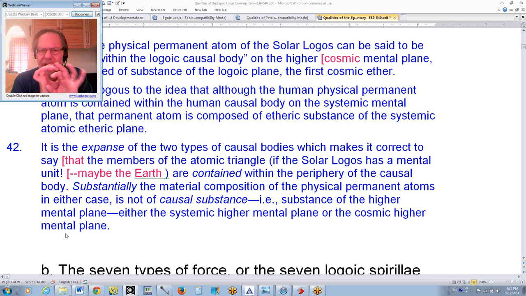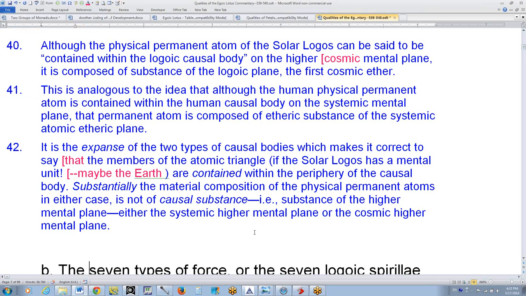But in terms of the generator of that causal body, which is the Egoic Lotus, there's nothing said about its size. It could be the tiniest of things, somewhat on the atomic scale.